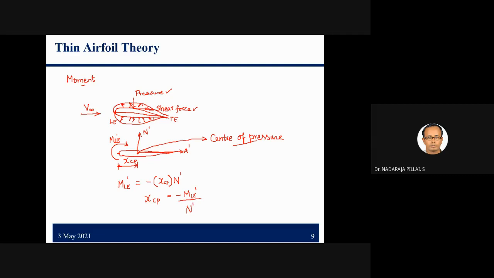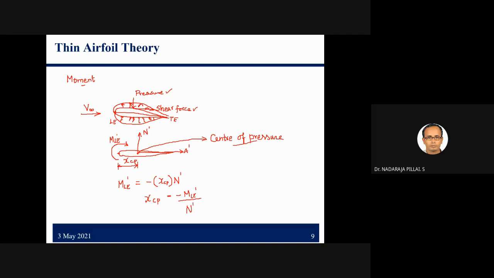Now we have a question: how to take the moment, at what point? Moment about the leading edge, moment about the center of the chord, or moment about the quarter point of the chord, or taking moment at the center of pressure.